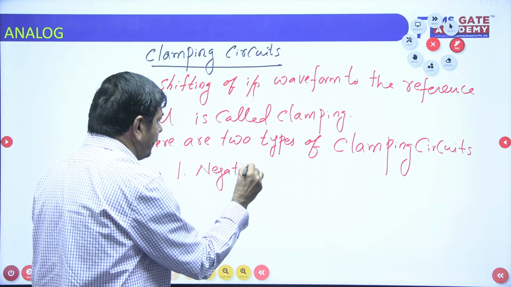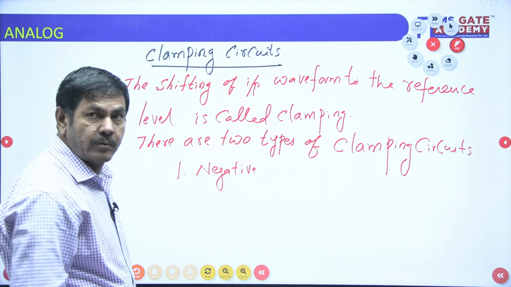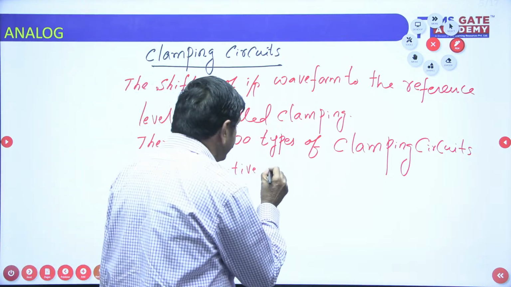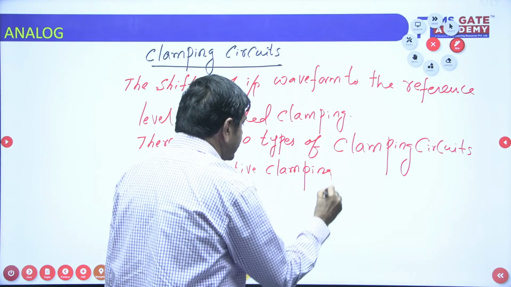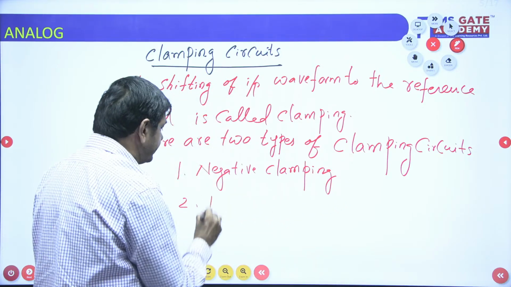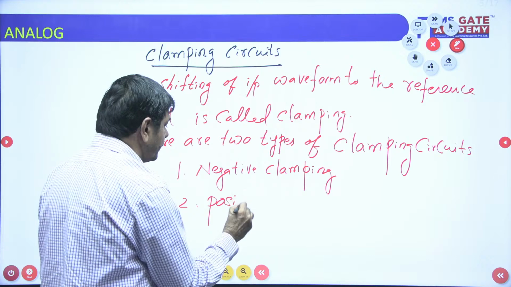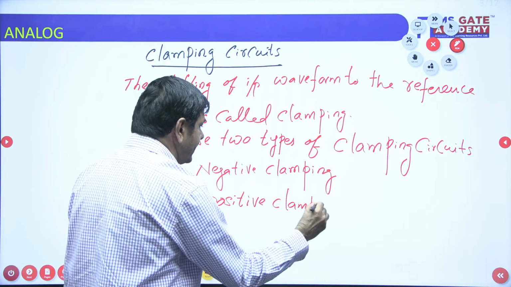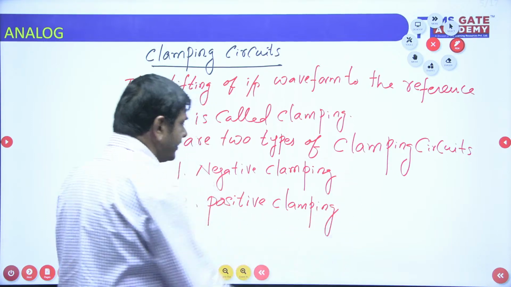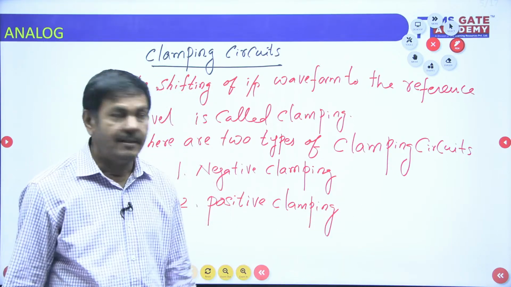If you follow this clamping work, you can do any question. Second one is said to be positive clamping. Like that, two types of clamping circuits are there now.